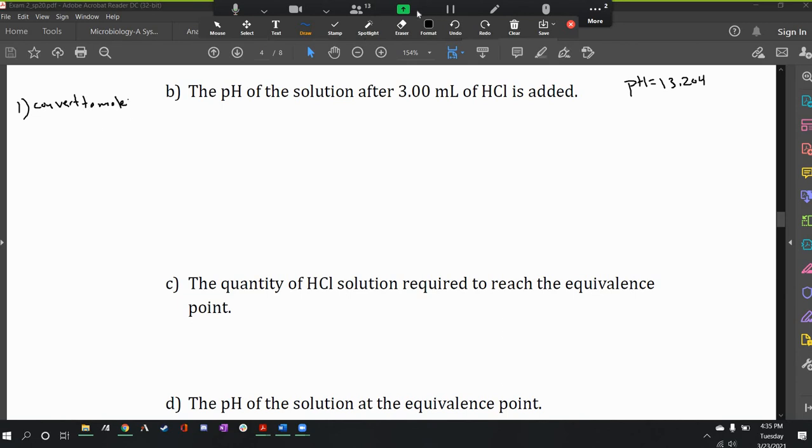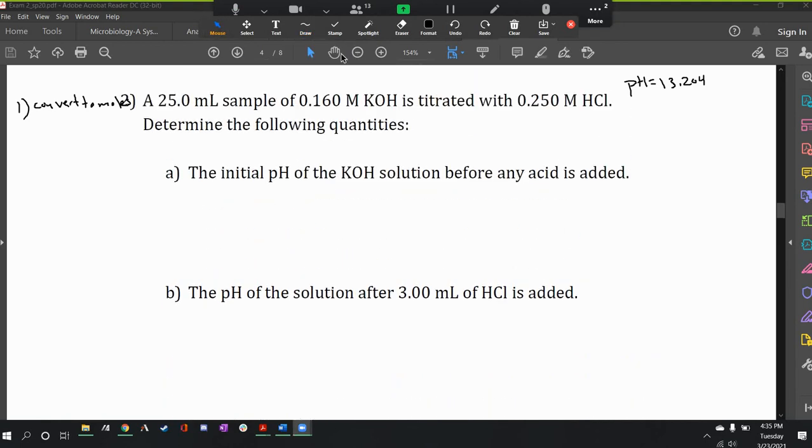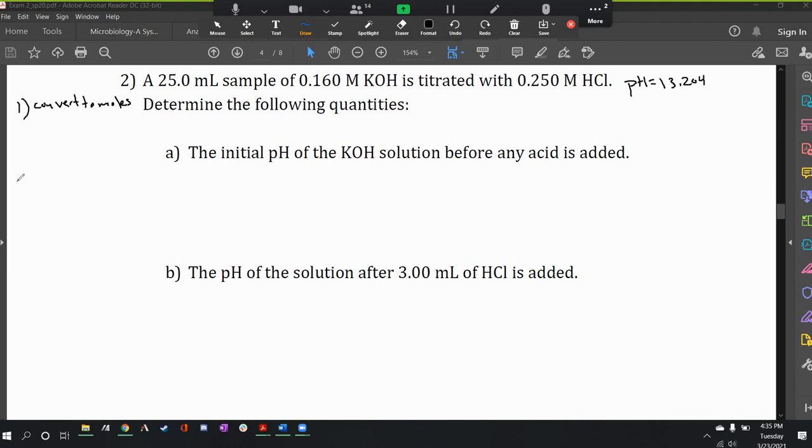So for the base, we've got 25 milliliters times, turn it into liters, 1 liter per 1,000 milliliters, and the concentration is 0.160 moles per liter.